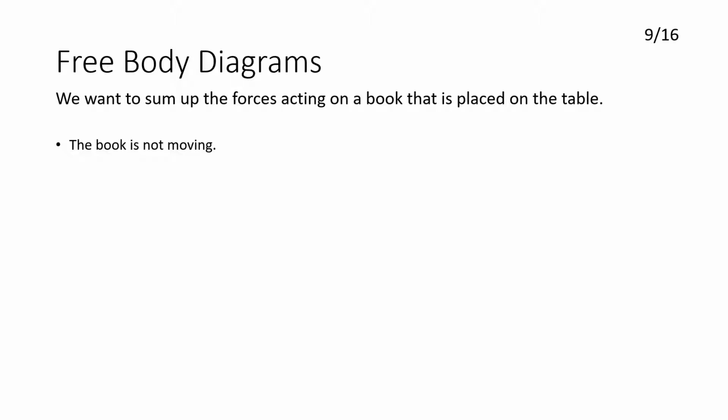I can draw a picture every time. Maybe I don't want to, but I think last time I had something like this, where it was just the book, and you're just labeling the forces with arrows. Where are they directed? So the force of gravity, F sub g, is downward, and the normal force, that is the contact force between a surface.